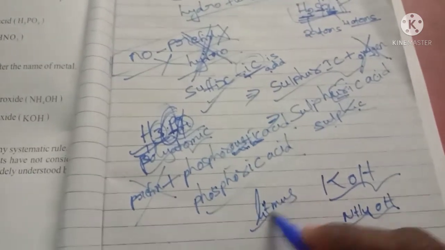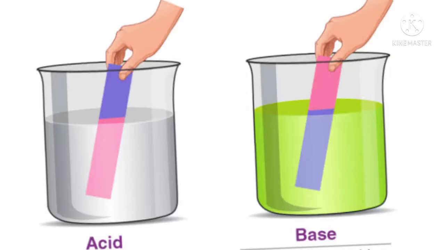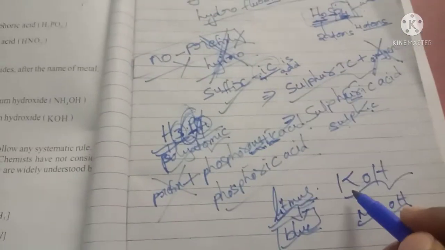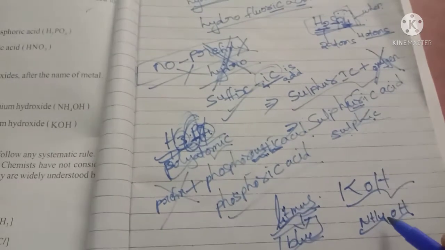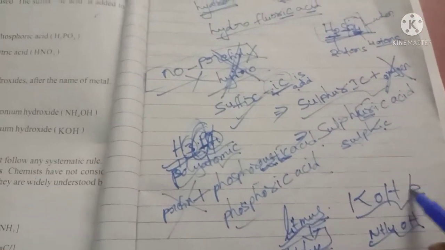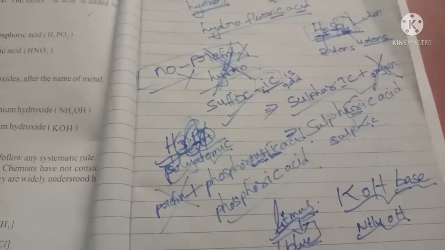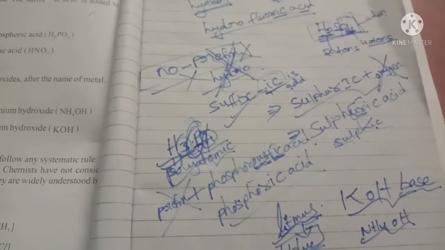When you dip this paper in the solution, how will the paper change? The color of the paper changes into blue. Whenever the litmus paper turns blue, you can confirm that the given combination is a base.